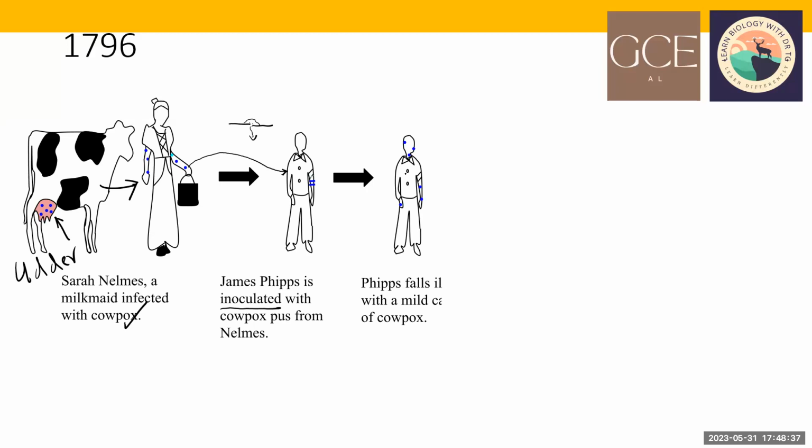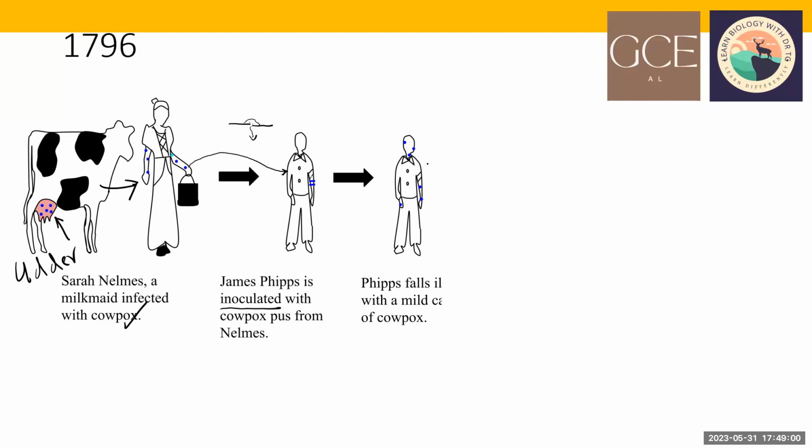Then the boy also got the cowpox, but cowpox is not as bad, just a little bit sick, a little bit ill. Otherwise, he has no issues. Nothing much happened. So he got cowpox, nothing much.